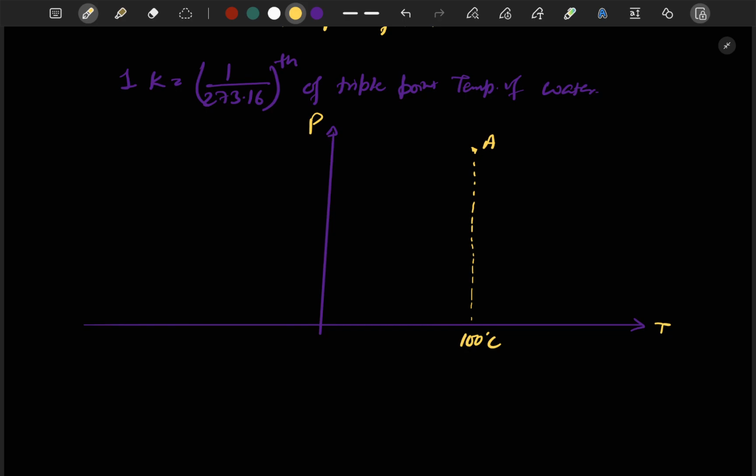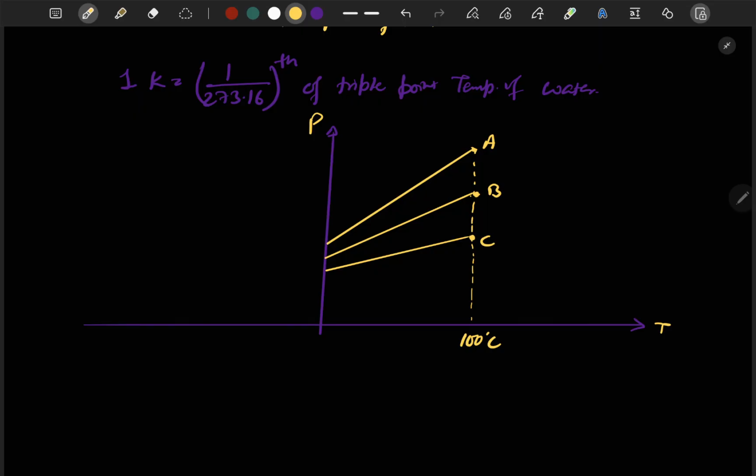Let's say for water only, at 100 degrees Celsius from the steam point, we will measure its temperature with the help of three different thermometers: thermometer A, thermometer B, and thermometer C. If we decrease the temperature of the water, thermometer A will show temperature on this line, with the corresponding pressure, and this is for thermometer B, and this is for thermometer C.